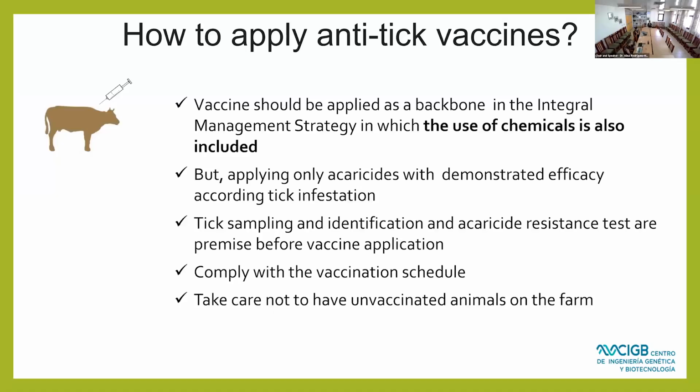When you apply the vaccine, you use the chemical treatment only when there are more than 10 engorged adult females on the animals, so you expect a reduction in the frequency of acaricide treatment.